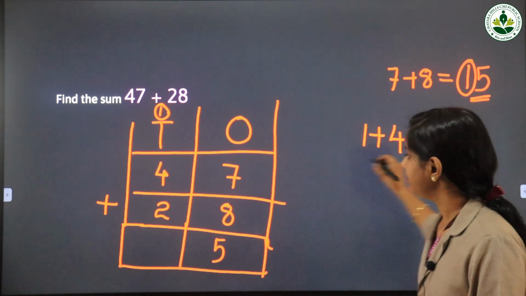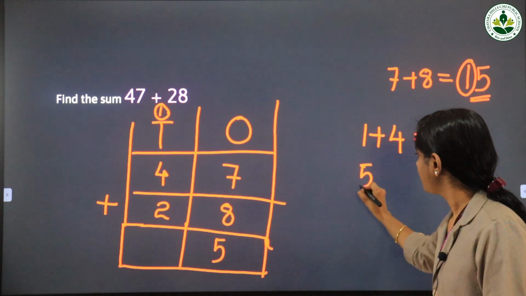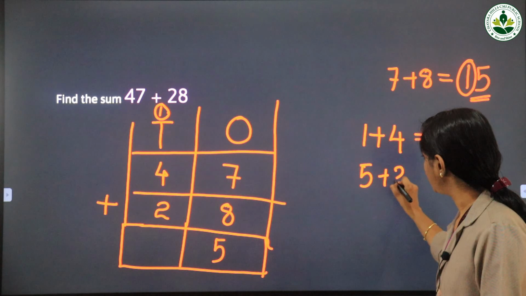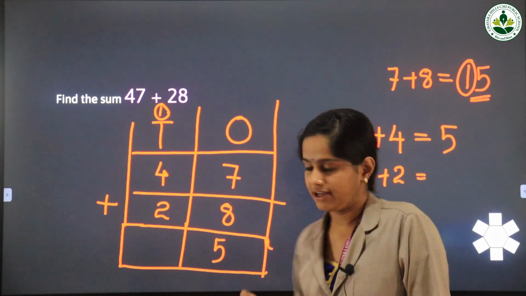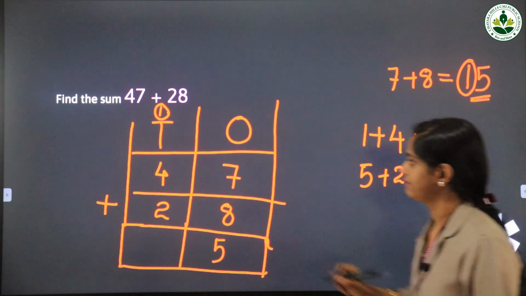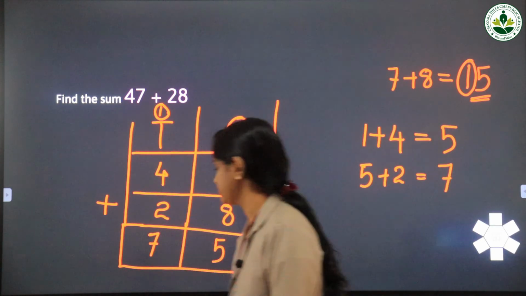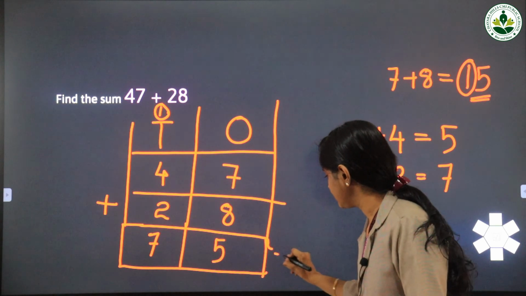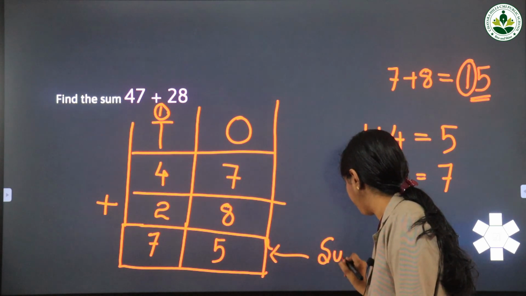Again add 2 to this 5. 5 plus 2 is equal to 7. We write 7 in the tens column. So 75 is the sum.